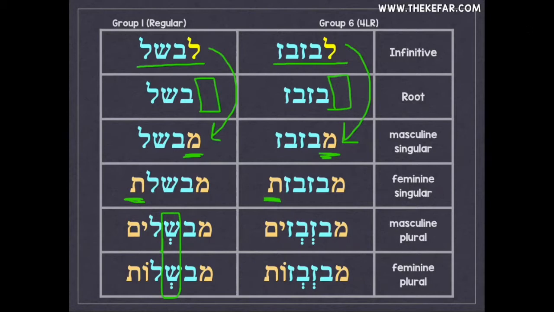And with the feminine and masculine plural of the 4-letter root, we have 2 shavas because we have an additional root letter to work with, which adds an additional syllable. So here we have mevashlim and mevashlot, and here we have mevazbezim and then mevazbezot. Mevashlim, mevashlot, מבזבזים, מבזבזות.